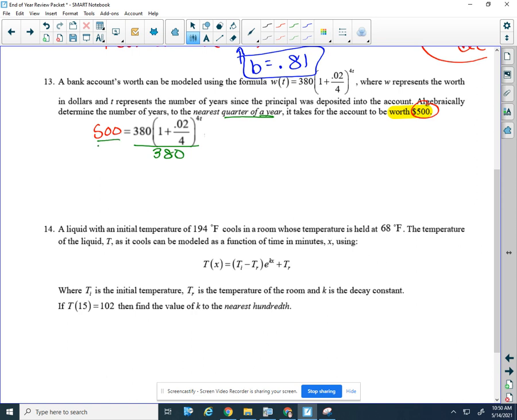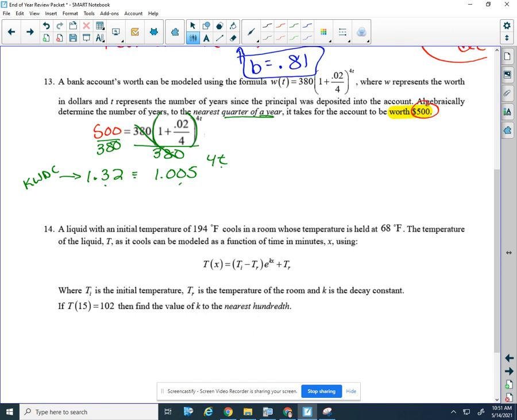I'm going to divide by 380, and that gives me 1.32, but this is a huge decimal that I'm going to keep in the calculator. That goes away, and then when I put this in parentheses, I get 1.005 to the 4t.